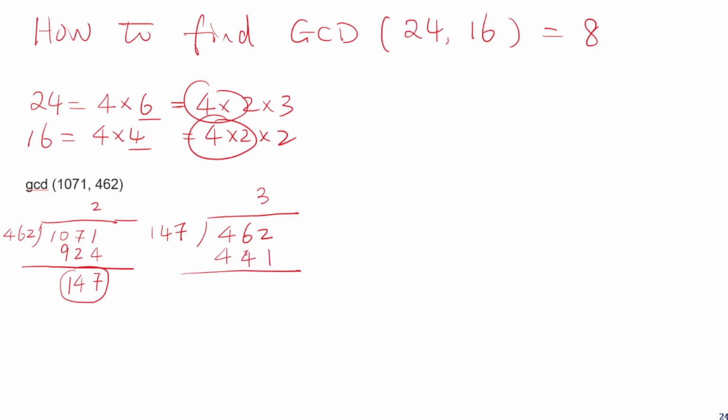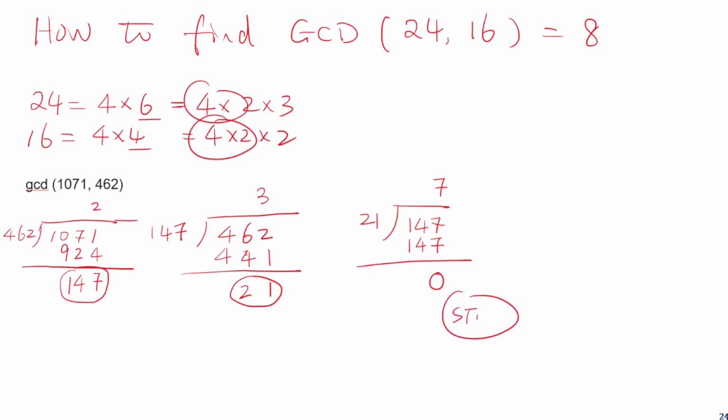Then we'll have the remainder as 21, right? That's the second remainder. Then use the divisor as a dividend again, divided by the remainder you get, until you find the remainder is 0. So in this case, we can just put a 7. Then that gives us 147 here. Then the remainder is 0, right? So we can stop here.